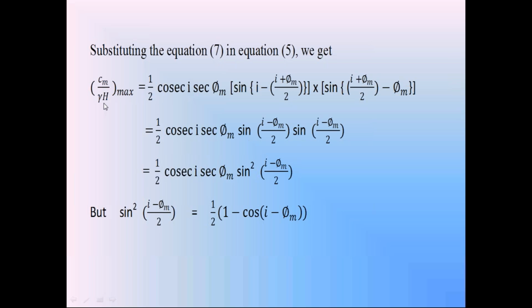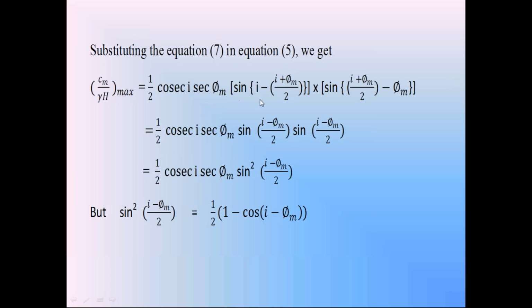The stability number is maximum when alpha is equal to I plus phi m by 2. Since Cm by gamma h is the stability number, this Cm by gamma h is maximum when alpha is equal to I plus phi m by 2. Substitute that in the right hand side alpha value.